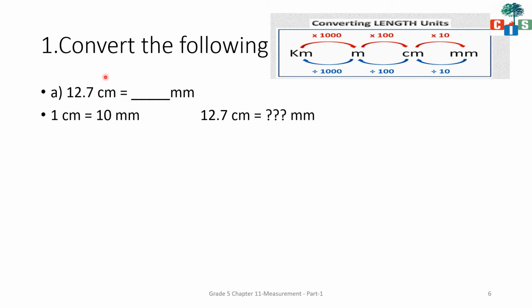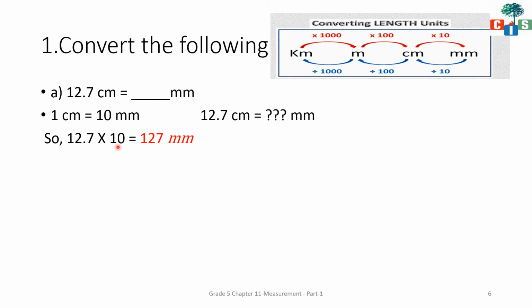Now how much will be 12.7 centimeter? For that we will multiply 12.7 with 10. Scholars, we have already learned multiplication, how to multiply any number by 10, 100 and 1000. For that we have to count the number of zeros and then shift the decimal point to its right.